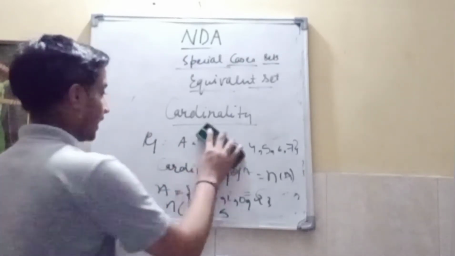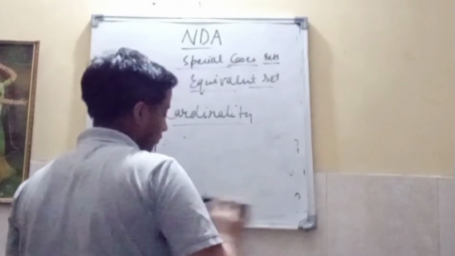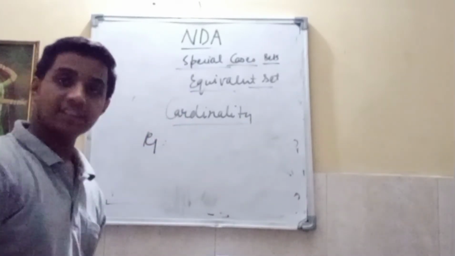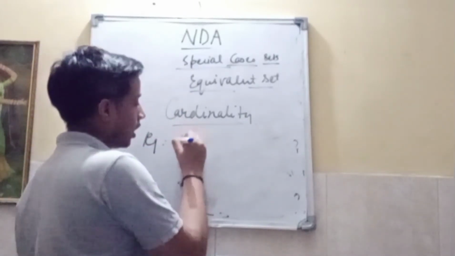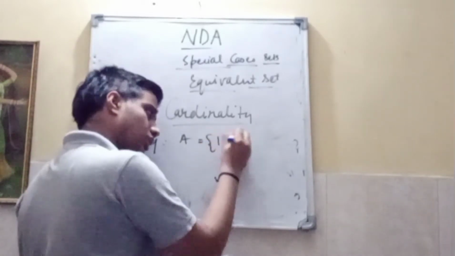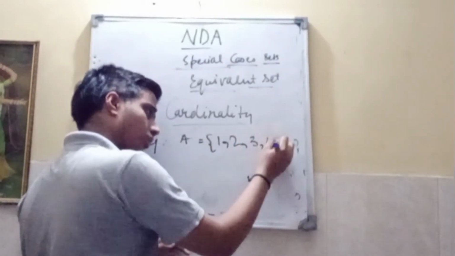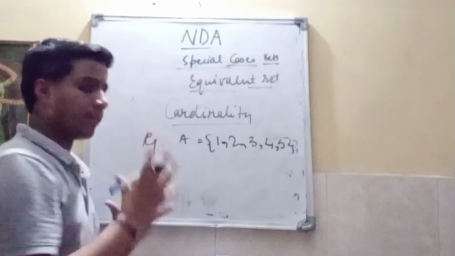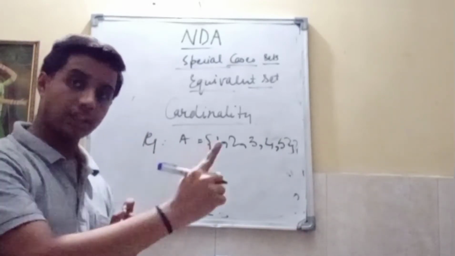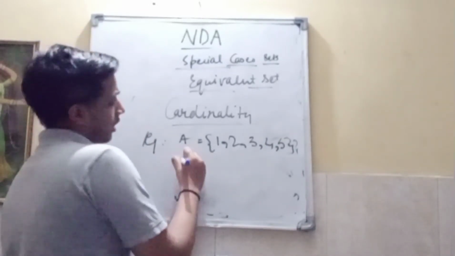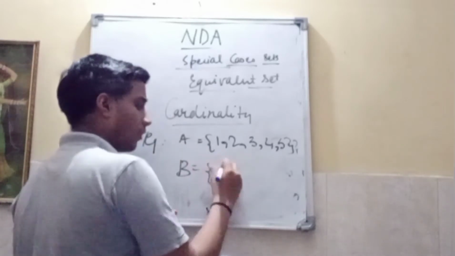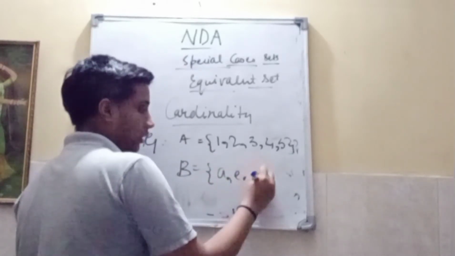Let's take an example of equivalent sets. You have A is equal to {1, 2, 3, 4, 5}. This is a set of 5 digits, the natural numbers starting from 1. And B is equal to the set of vowels {A, E, I, O, U}.